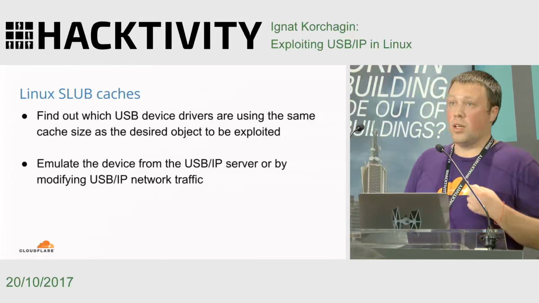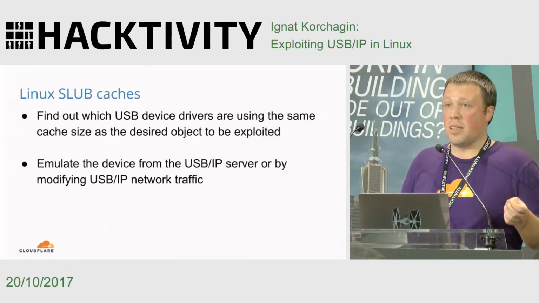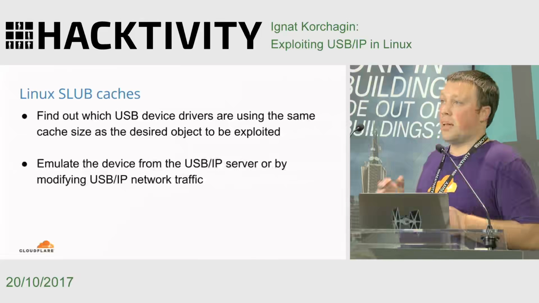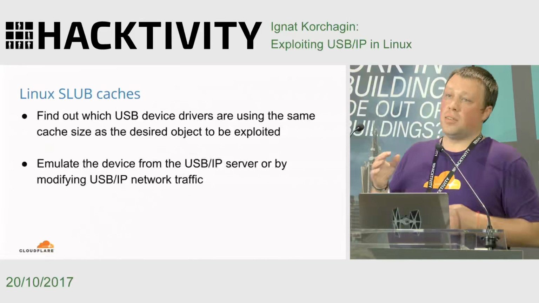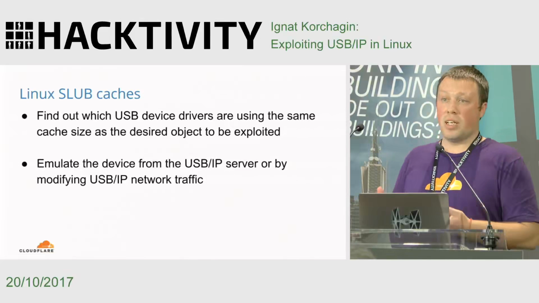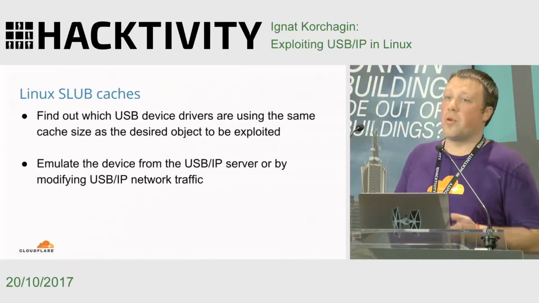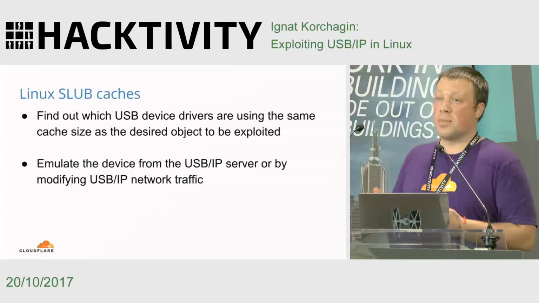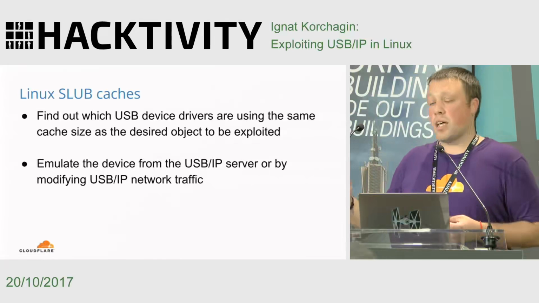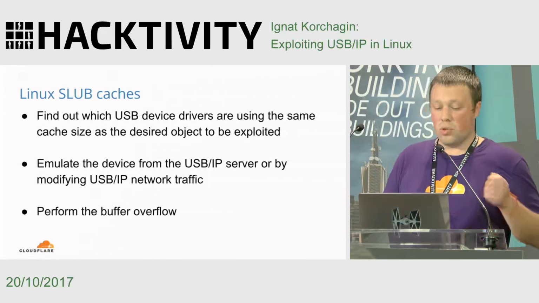Then you don't necessarily send the malicious packet at once, but you emulate the full USB protocol and trick the client into thinking you're that specific device of interest. The client's udev subsystem will load the appropriate device driver, and that driver will start allocating memory in the slab cache of your desire. And then you do your overflow.